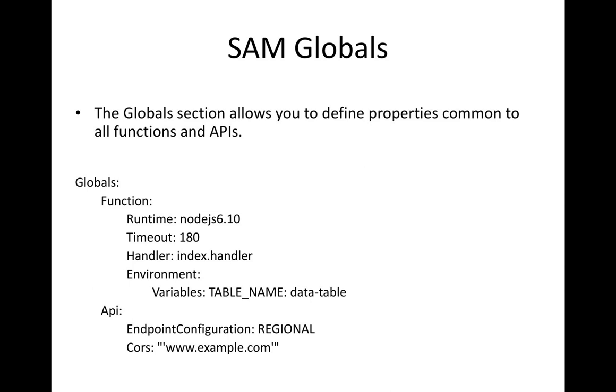For example, you can specify properties which are common to all of the Lambda functions within the template, or properties that are common to all of the API gateways that are defined in the template. Think of these as being sort of like global variables that affect the configuration of resources within the SAM template.